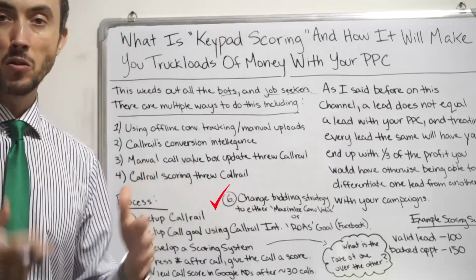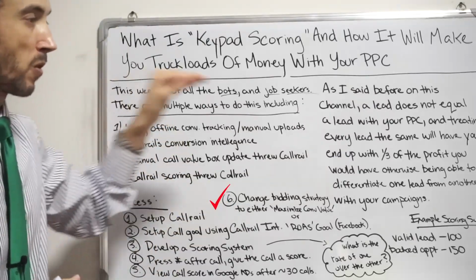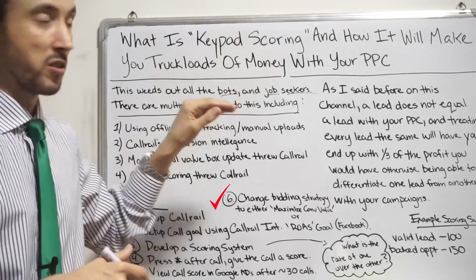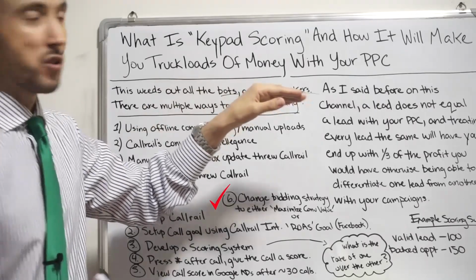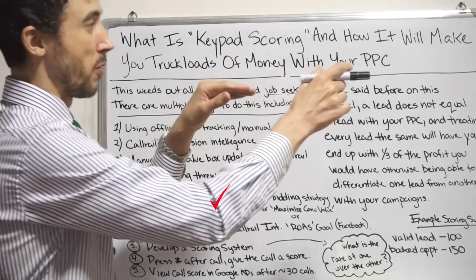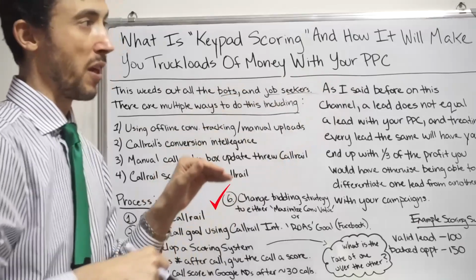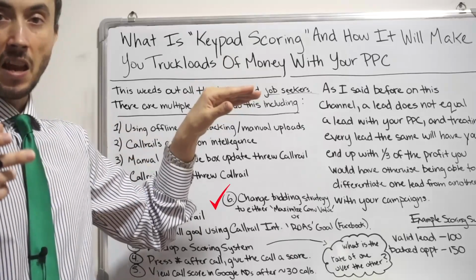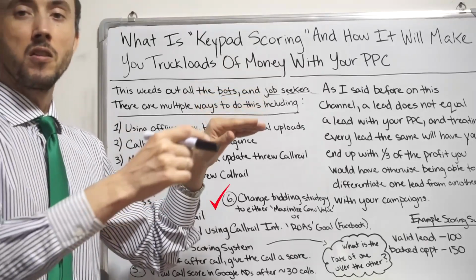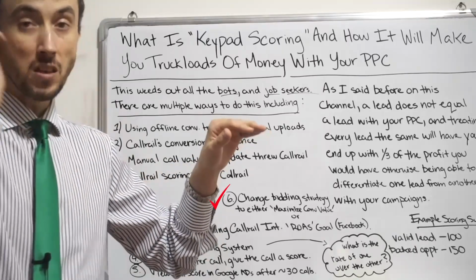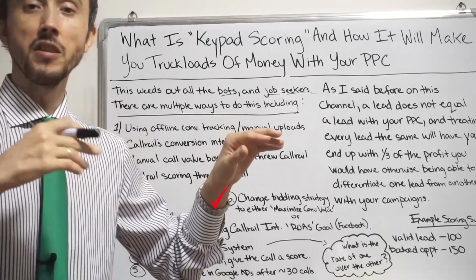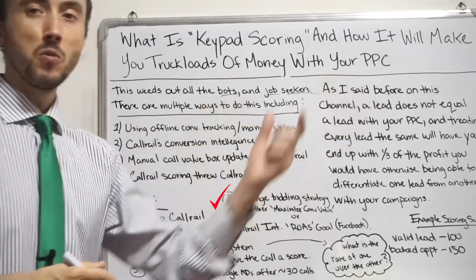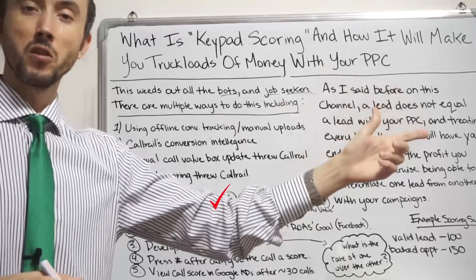In Google Ads, in the conversion menu, it'll say phone call for the goal set up for phone calls coming in, and it'll have conversions and then conversion value next to it. If you're not doing the keypad scoring, the conversion value will be blank, and when a call comes in, the conversion number will go up. But if you have the keypad scoring added in and the call was qualified, and was scored with the score you've given people to type in, then the conversion value will go up for those particular calls.